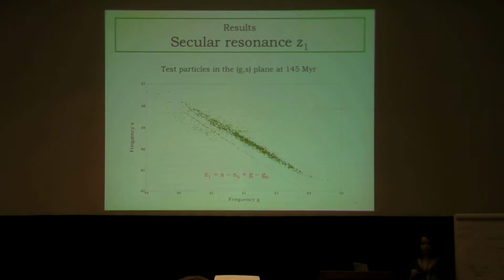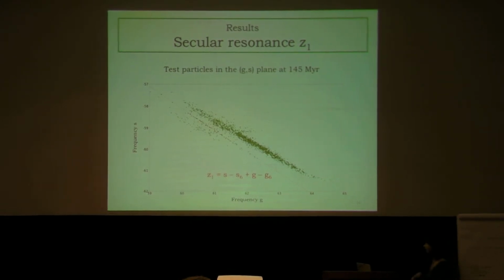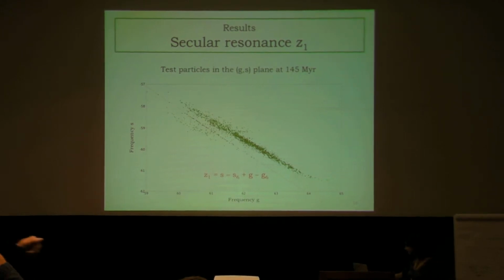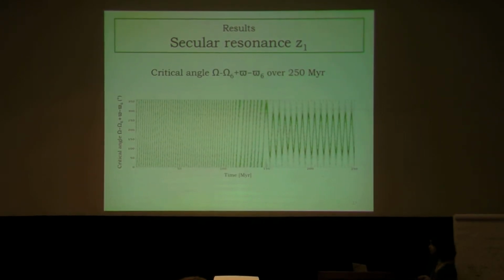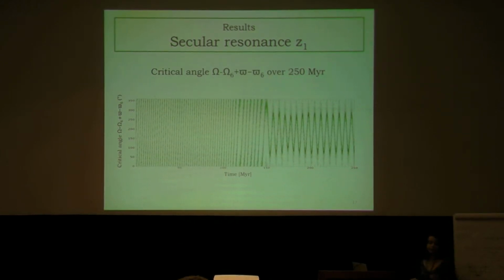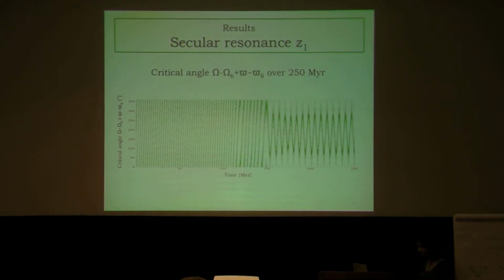So it means that some bodies are probably caught in z1. To confirm that, we picked one of these asteroids and checked its critical angle for the secular resonance z1, and we found a clear libration starting around 160 million years. So this object is, of course, caught in z1.